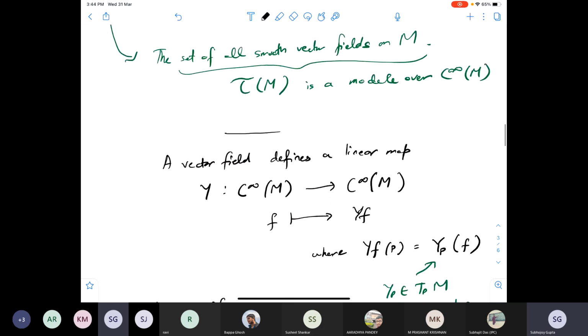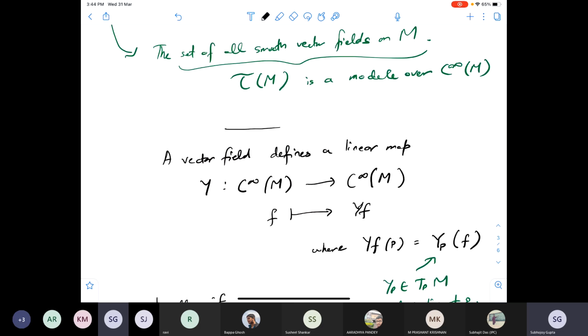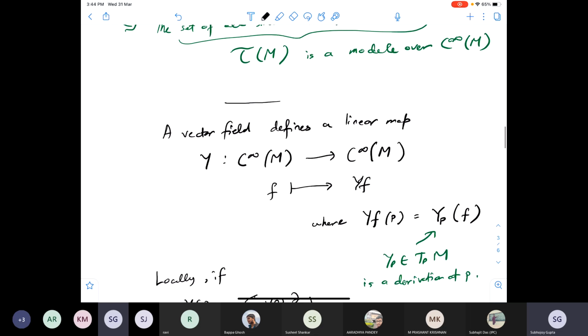Unless you impose some other conditions, of course if M is compact, that's one condition. For example, C infinity M is also some kind of ring, so you can ask whether it's a Noetherian ring and so on.